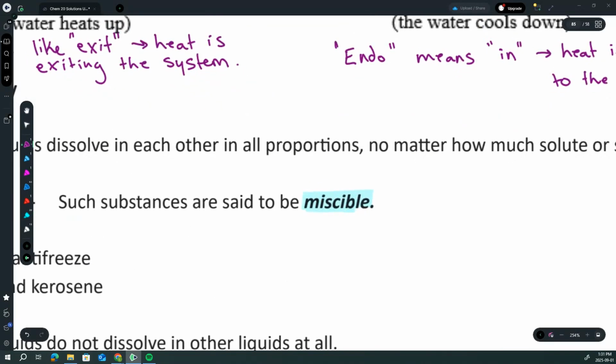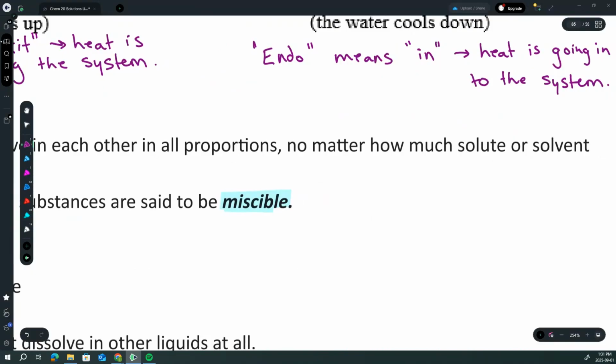Now, with miscible, to me that sounds like mixable. So essentially, if one substance can dissolve and mix into another substance, no matter the proportion, it's miscible.